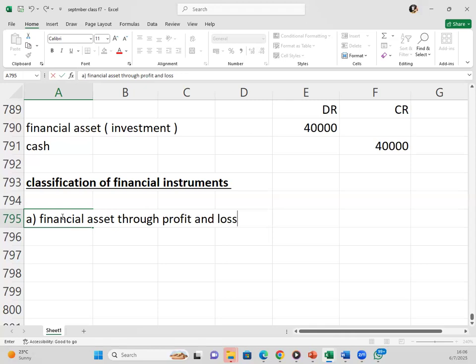Let's move on. So financial asset through profit and loss. If an instrument has been classified as a financial asset through profit and loss, when you are recording this instrument, you initially recognize it at its cost. Let me have that down.